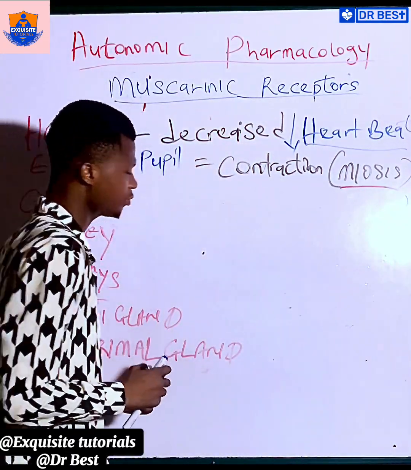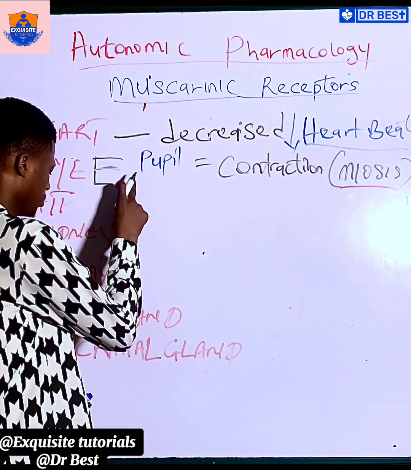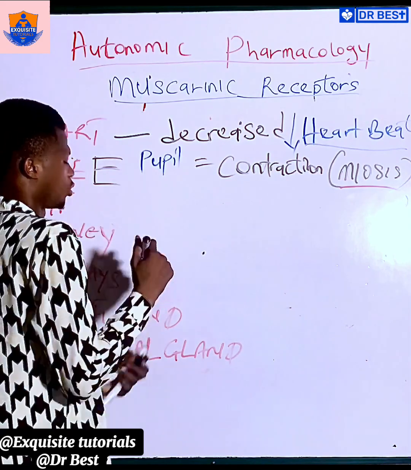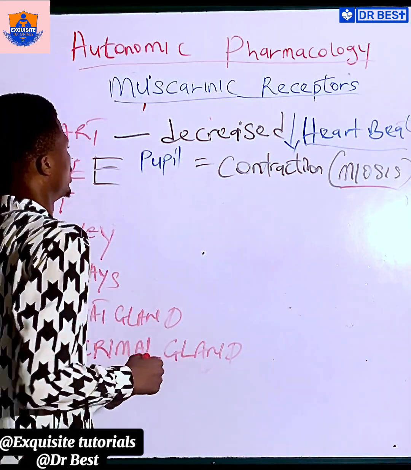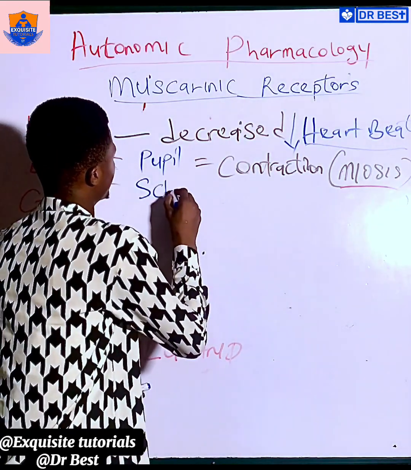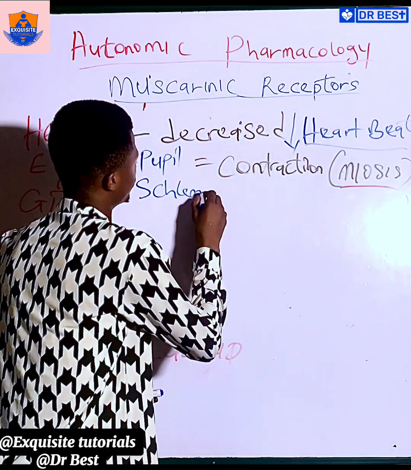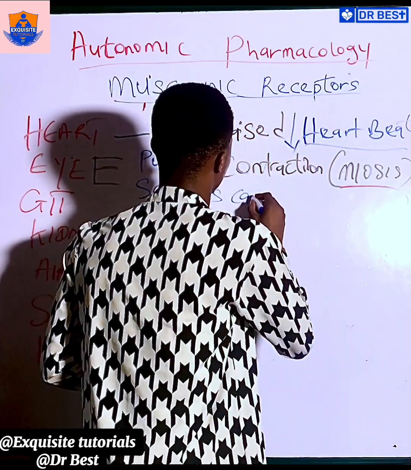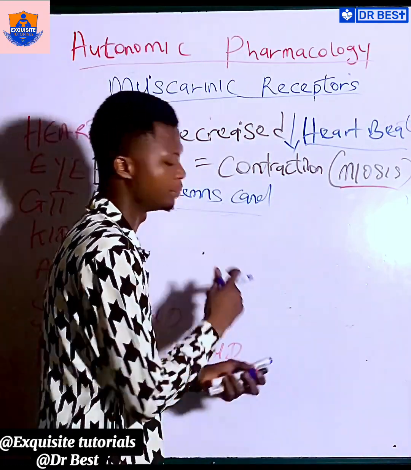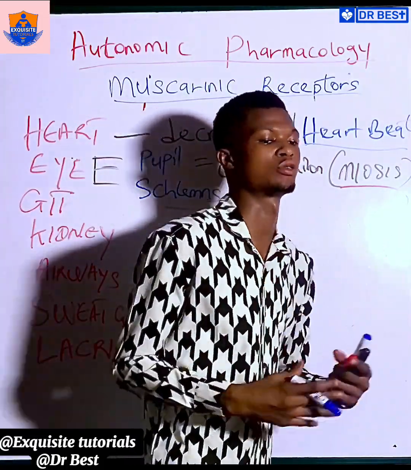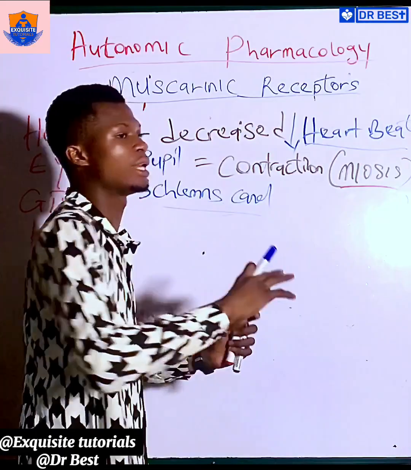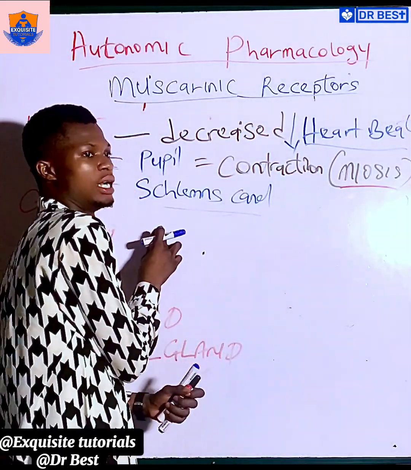One more thing we want to talk about is that also in the eye, there's what we call Schlemm's canal. There's a fluid we call aqueous humor in the eye, which is drained through Schlemm's canal.